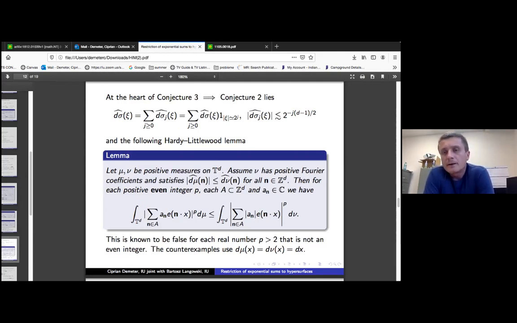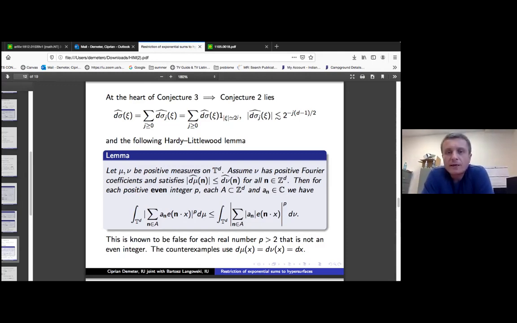And then we switch back, we dominate this by characteristic functions of annuli, or actually cubes if you want. And we use the Hardy-Littlewood lemma. I call it that. I wasn't sure, maybe somebody from the audience can educate me, if there was anybody before them. It'd be a bit of a stretch to say they have used such a result, but I think it's in one of the joint Hardy-Littlewood papers.